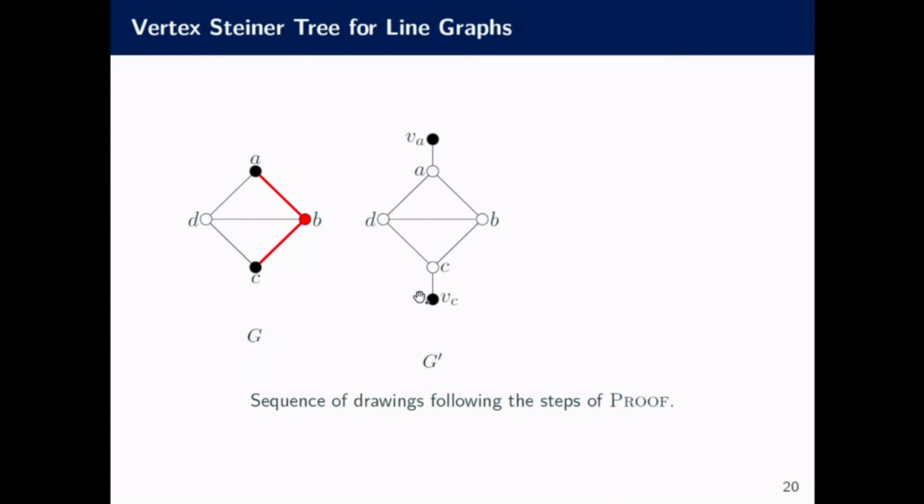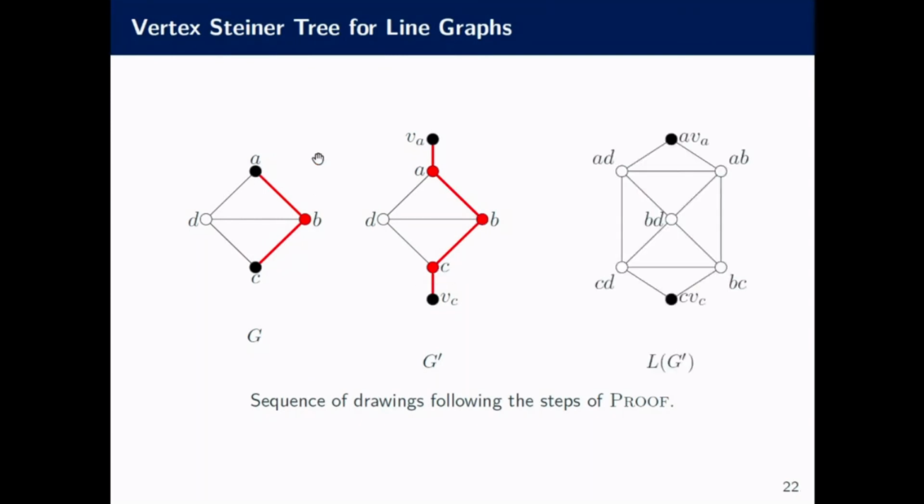So we add these two new black vertices that create the new set of terminals, and we can trivially construct the corresponding Steiner tree. We construct L of G prime, and we have the same correspondence of Steiner trees. In this way, we do the reduction.